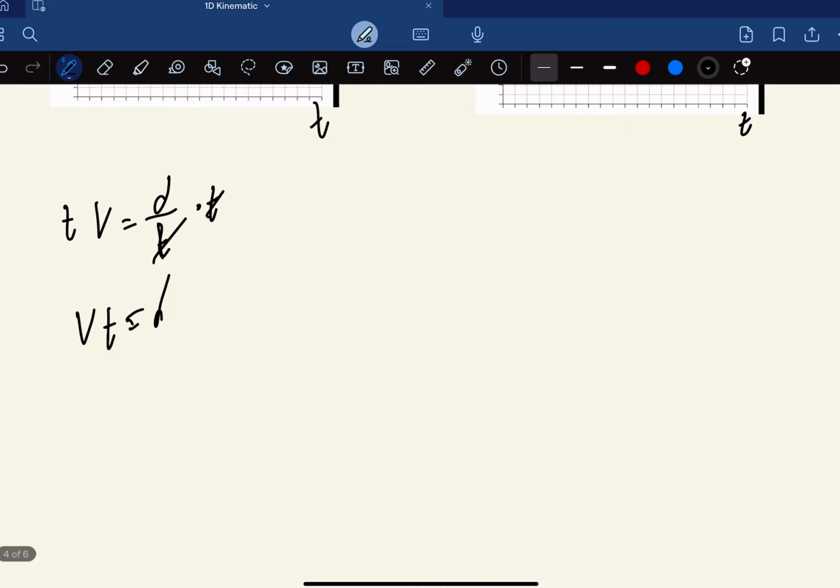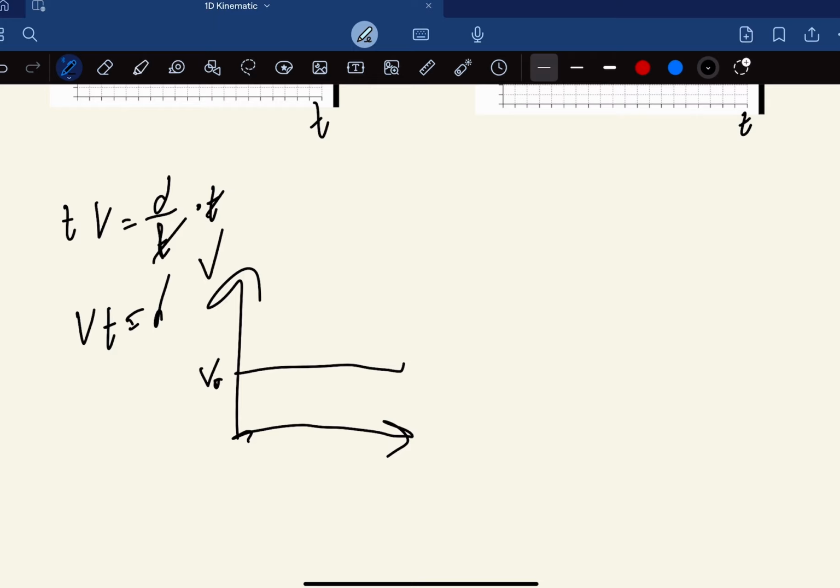Actually, I'll bring an imaginary example down here. Let's say that our velocity is just this constant v, and I'll call this v naught. This is the velocity, and this is the time axis.